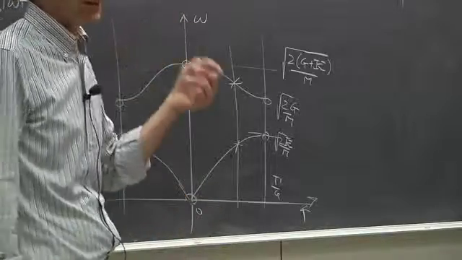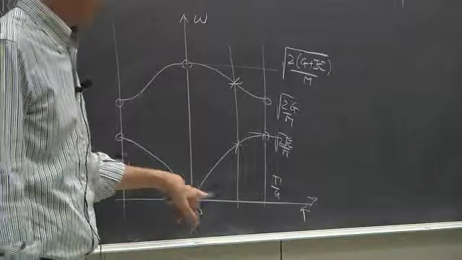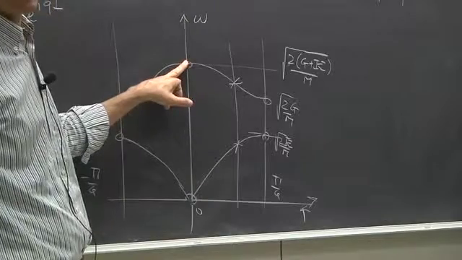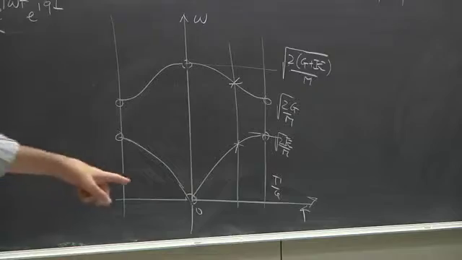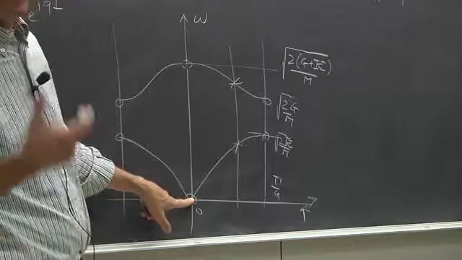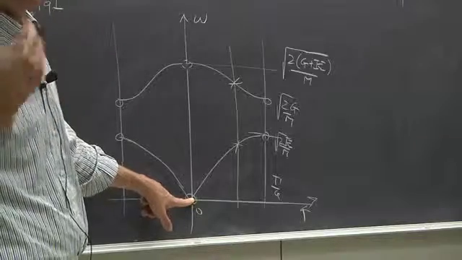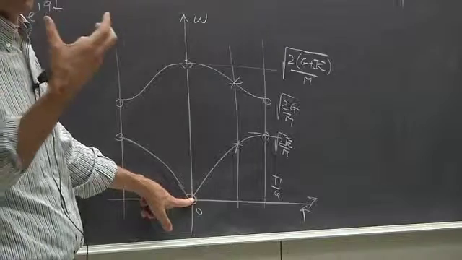What if we have 3 particles per unit cell? Well, we're going to have 1 mode with 0 frequency and 2 modes with finite frequency. The reason why this is so is because this mode, as we already argued, is the translation of the center of mass. So in 1 dimension, we only have 1 mode that corresponds to the translation of the center of mass.